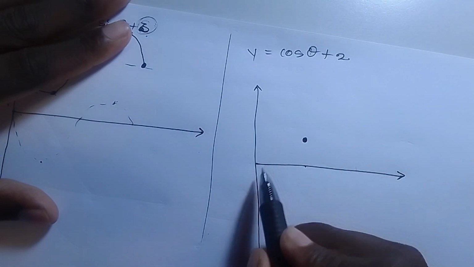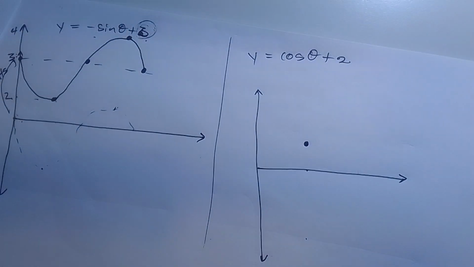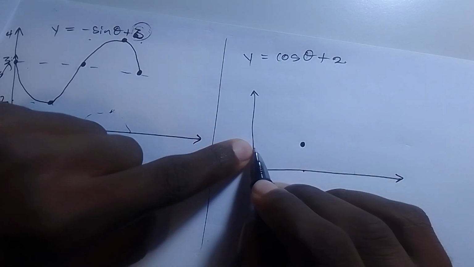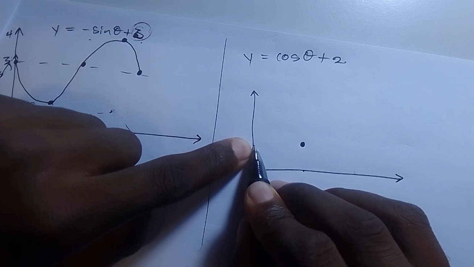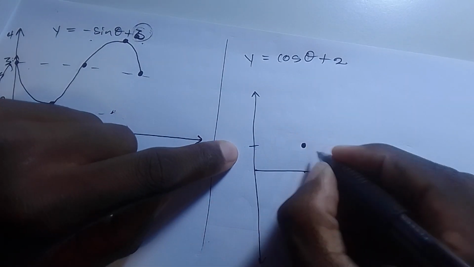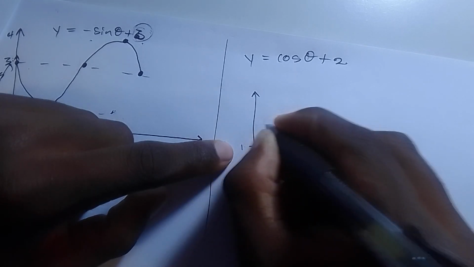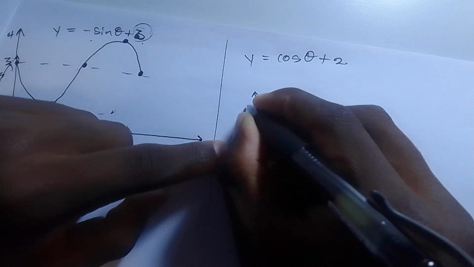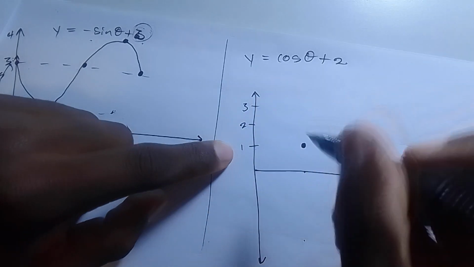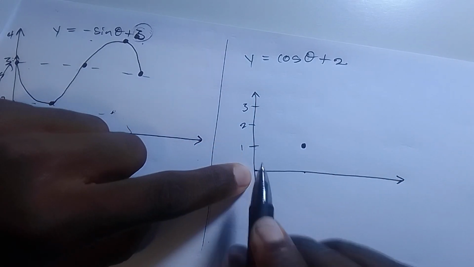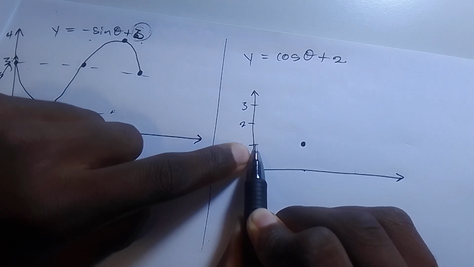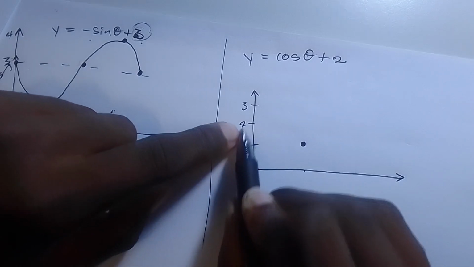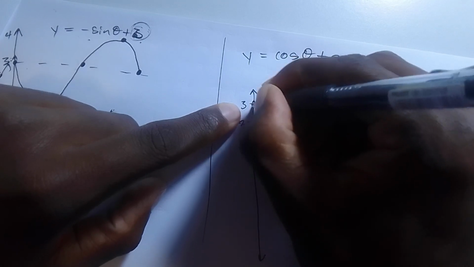The maximum was going to be at 1, but now the maximum must shift 2 units upward. Sorry, this is 1, this is 2, this is 3. The maximum was 1 for the original cosine graph, but now it's shifted 2 units upwards, so it's 1, 2. The maximum will be there.